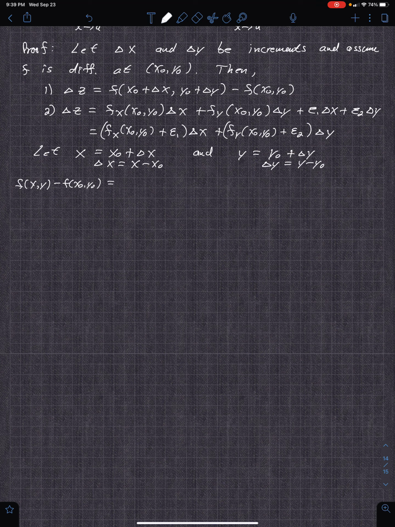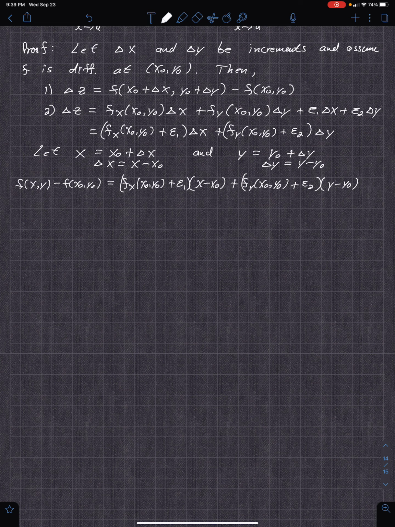It is equal to all of this: partial fx, x naught, y naught, plus epsilon 1, times x minus x naught, plus partial fy of x naught, y naught, plus epsilon 2, times y minus y naught.